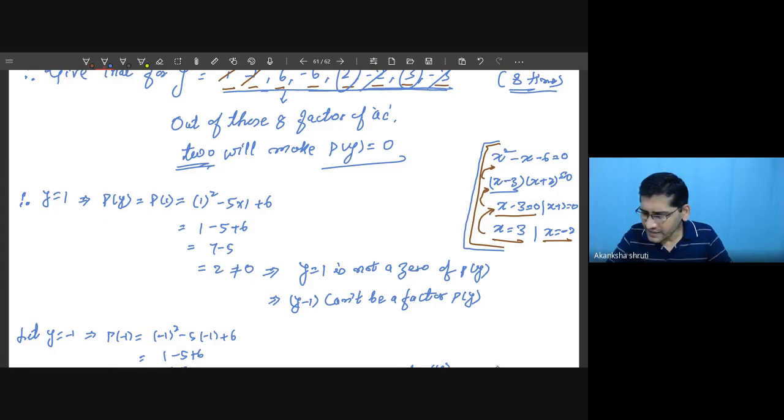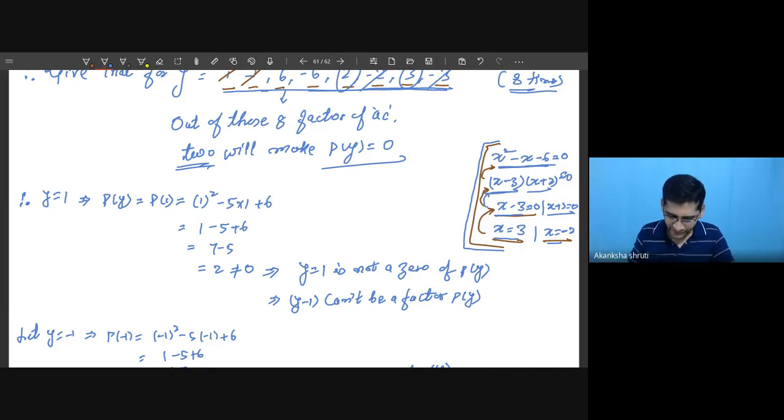Even a single quadratic polynomial was split into the product of two brackets, and these two brackets were giving us the zeros. Now we have just reversed this. First, by trial, we obtained the zeros in the given question. Then we obtained these two factors. So what will be the overall factorization of this quadratic polynomial? The product of these two.